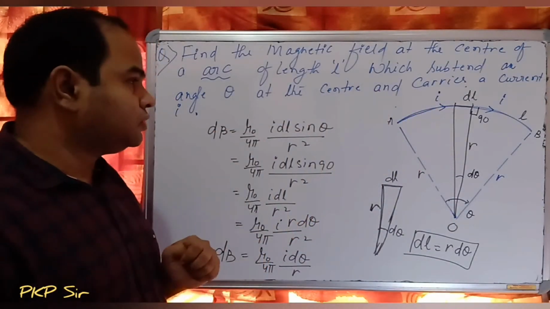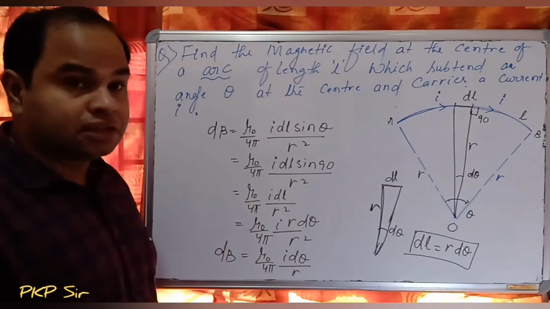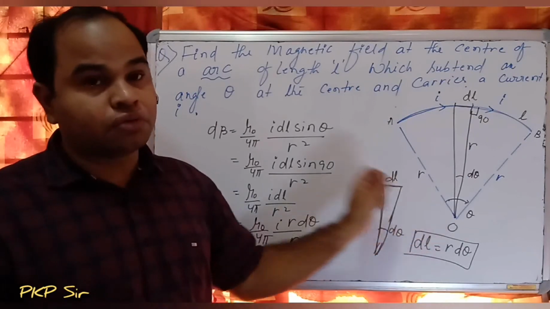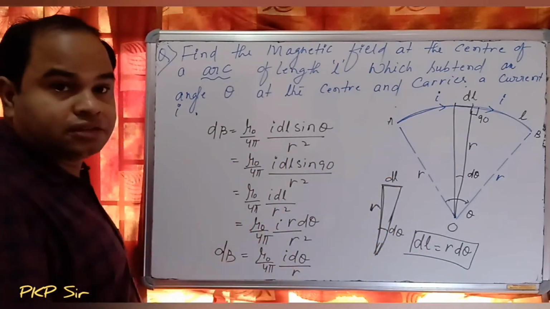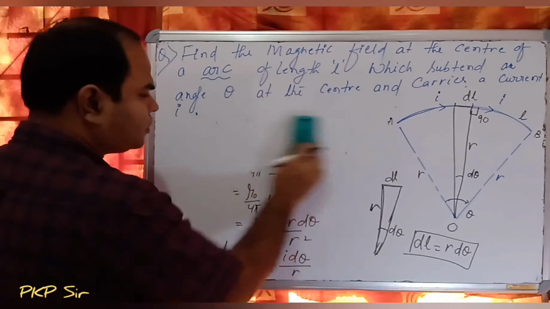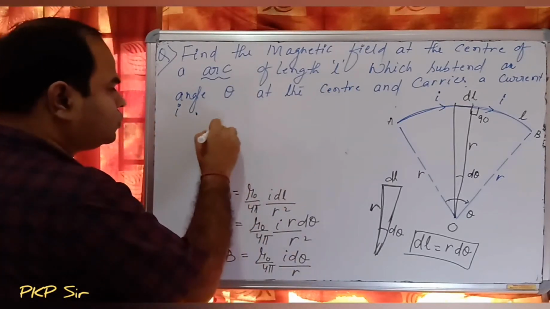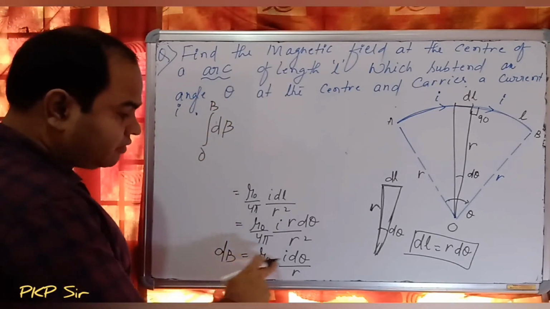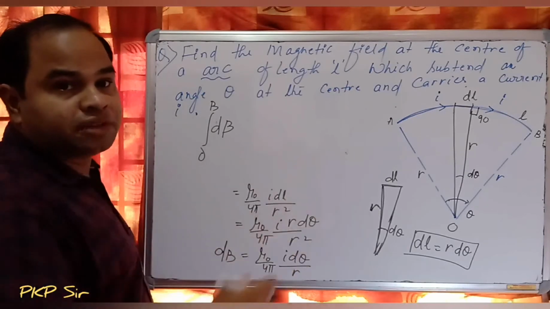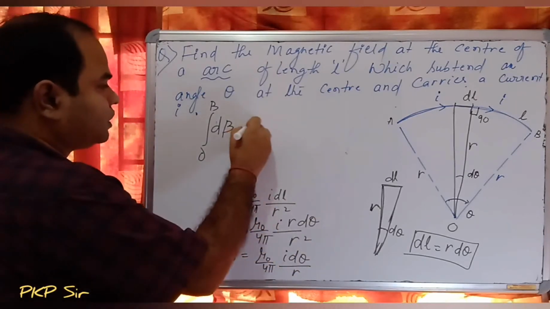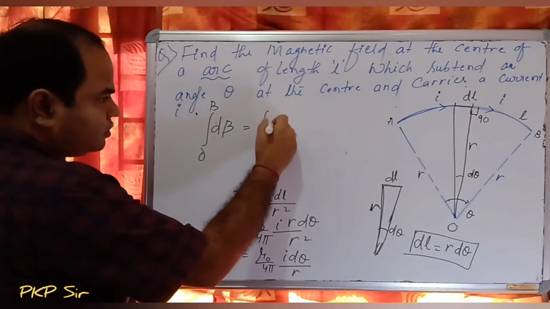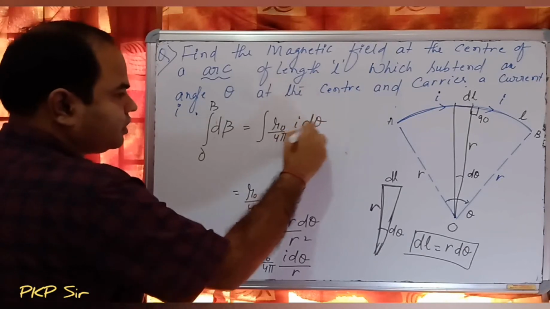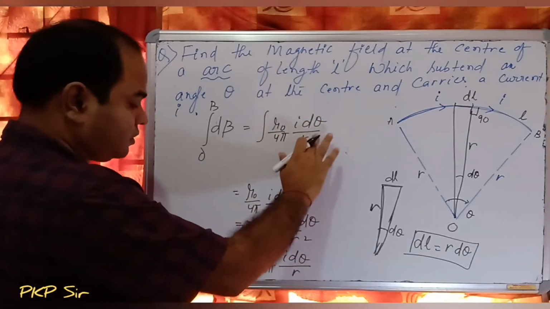If we want the magnetic field at the center due to the total arc, we have to integrate this term. So dB is integrated from 0 to B. The variable is theta.